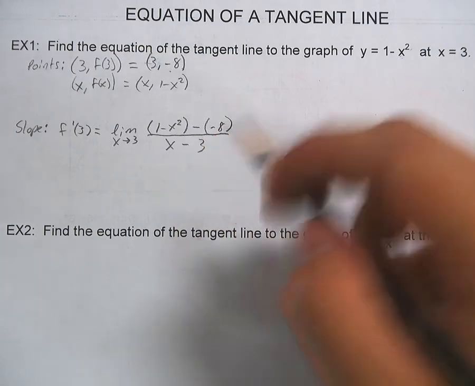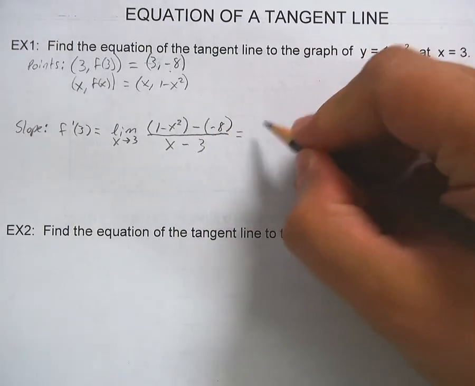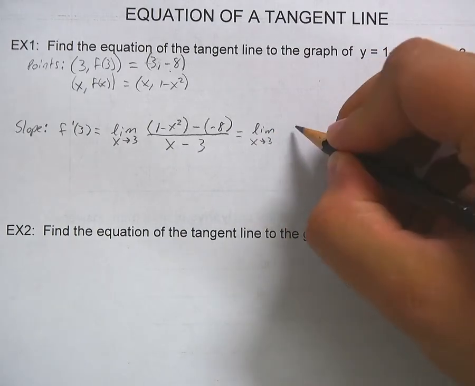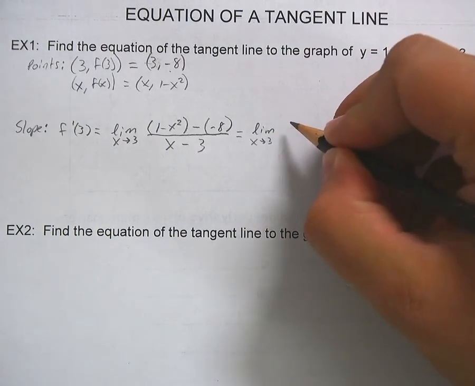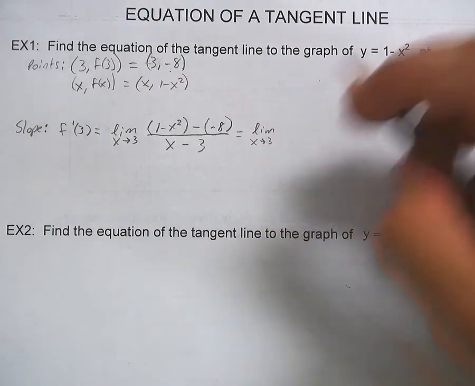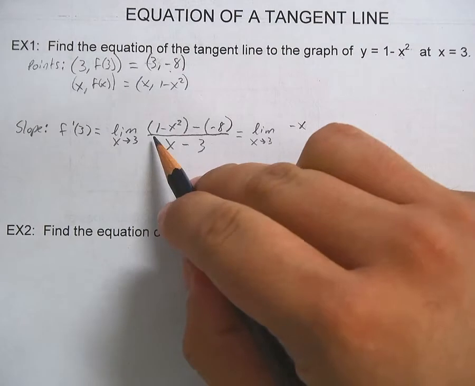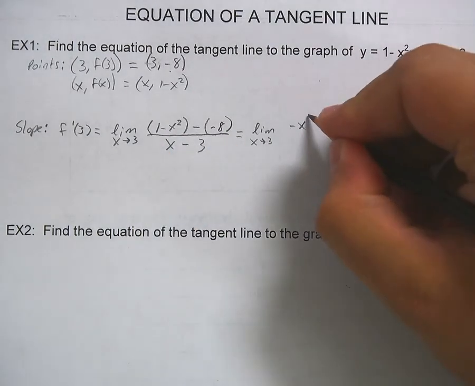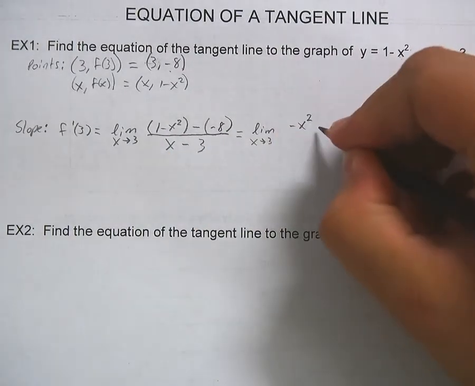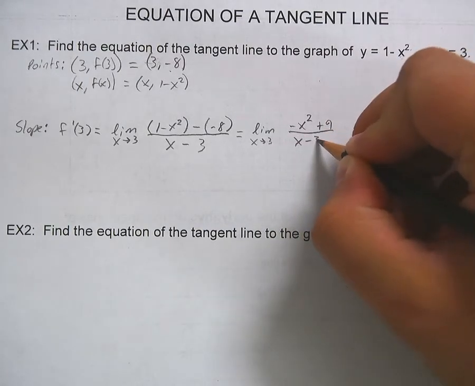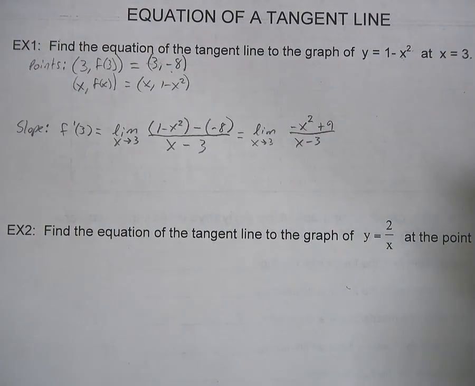So let me simplify this here. We've got the limit as x goes to 3. Now this would be a negative x squared, positive 1, positive 8, so plus 9, over x minus 3. Now the top here is really close to being a difference of two squares.